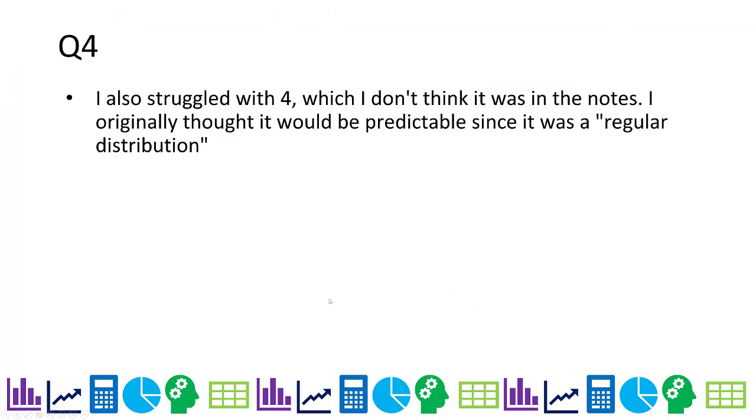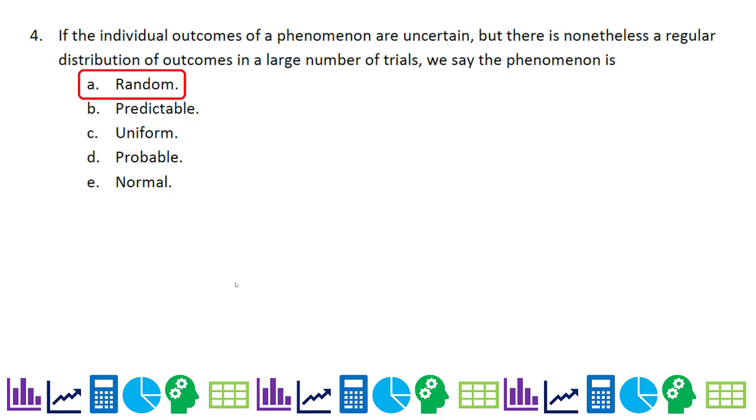Okay, question 4. I also struggled with 4, which I didn't think was in the notes. I originally thought it would be predictable since it was a regular distribution. If the individual outcomes of a phenomenon are uncertain, but there is nonetheless a regular distribution of outcomes in a large number of trials, we say the phenomenon is random.